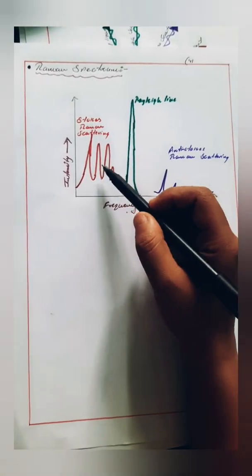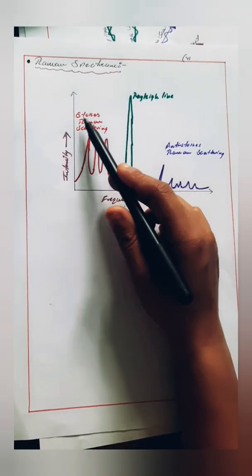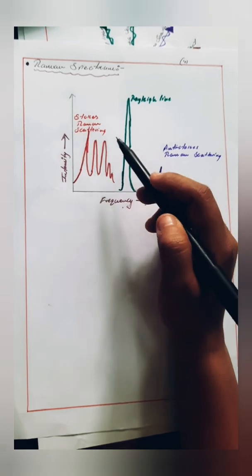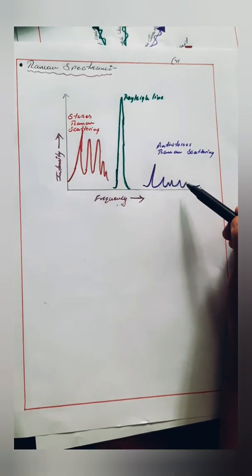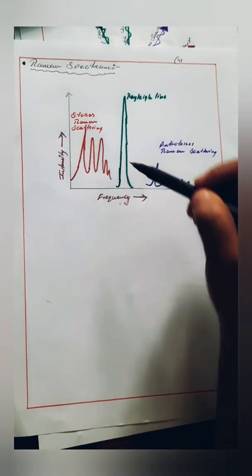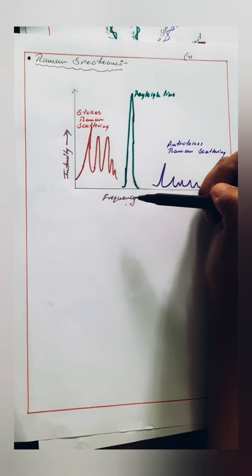As we can see here, the intensity of this Stokes Raman scattering is greater than that of the anti-Stokes Raman scattering, and the intensity of Rayleigh line is the same as that of incident ray.